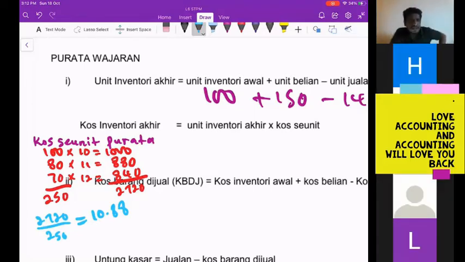Sorry, what is the formula for Purata Wajaran to calculate the per unit, right? Cost per unit is jumlah cost bahagi dengan jumlah unit, to get a cost per unit.